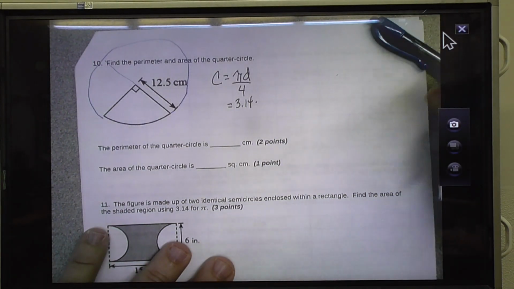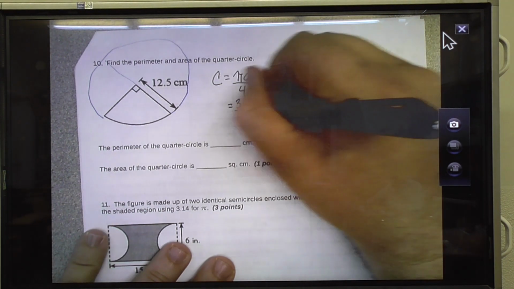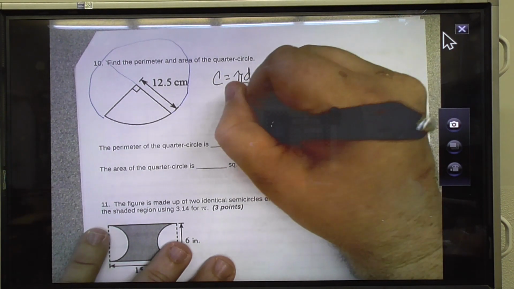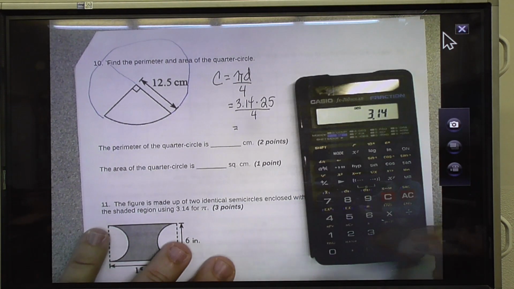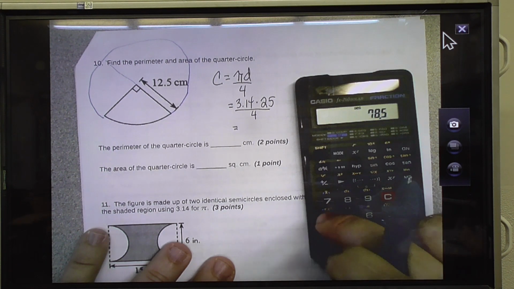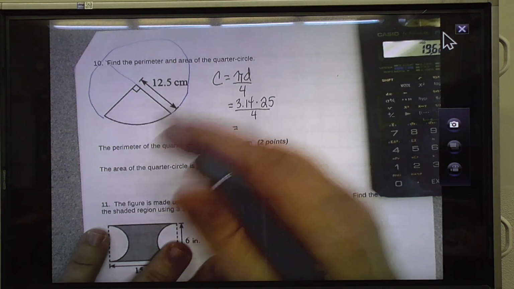So 12.5 plus 12.5 is 25. We're going to divide that by 4. So 3.14 times the diameter of 25 is equal to 78.5, and then we're going to divide that by 4. We get 19.625.